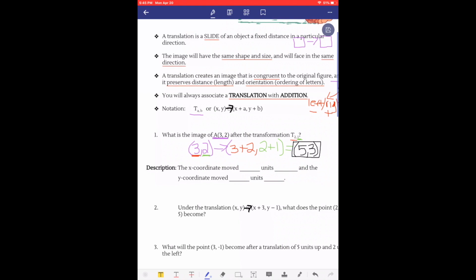So what does this mean? The x coordinate moved blank units and blank, and the y coordinate moved blank units blank. So we're saying how many units did it move and in which direction. The x coordinate is always either left or right. Because this 2 is positive, we're moving 2 units to the right.